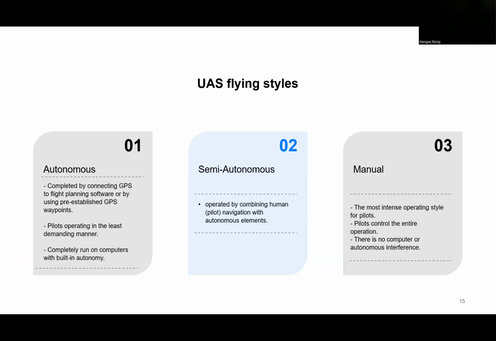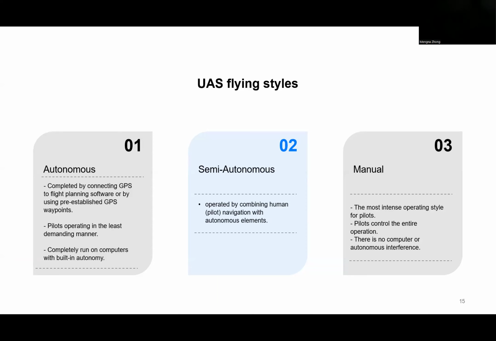Move to next. There are 3 UAS flying types. They're autonomous, semi-autonomous, and manual. So first one, autonomous, how it works. It is completed by connecting GPS to flight planning software or by using pre-established GPS waypoints.